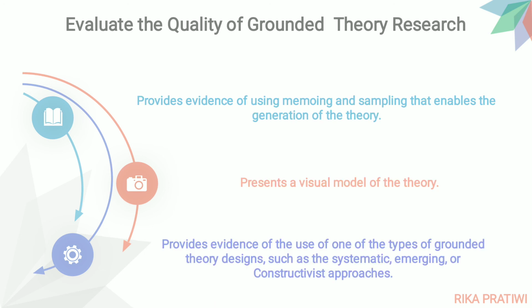And also we provide evidence of using memoing and sampling that enables the generation of the theory, present a visual model of the theory, and provide evidence of the use of one of the types of grounded theory design, such as systematic, emerging, or constructivist approaches.